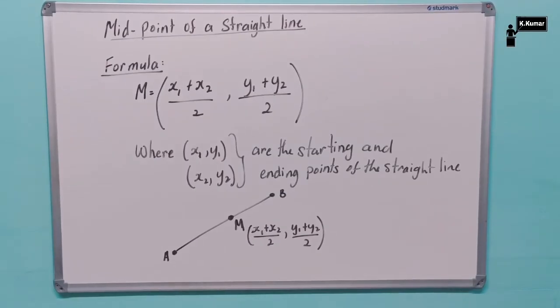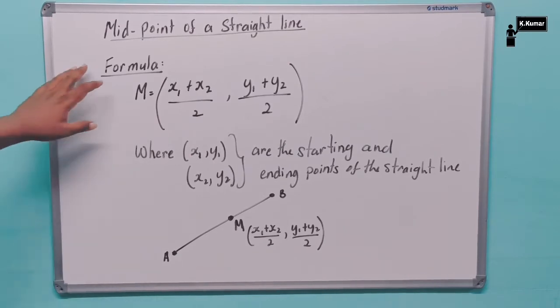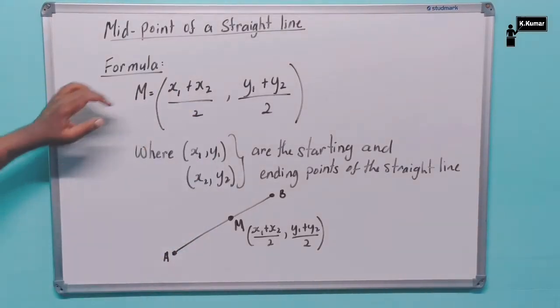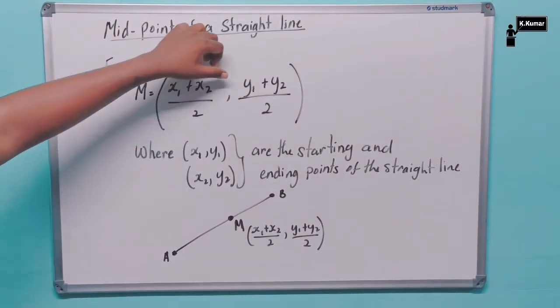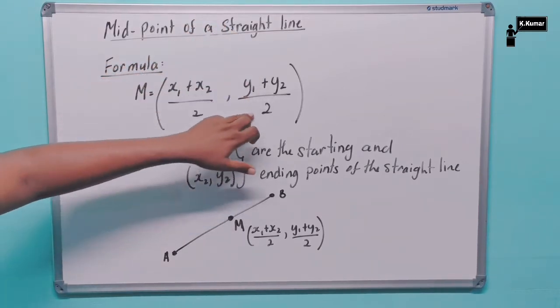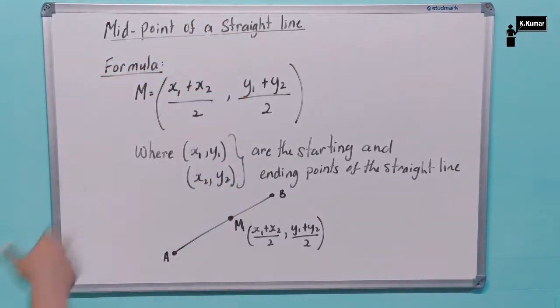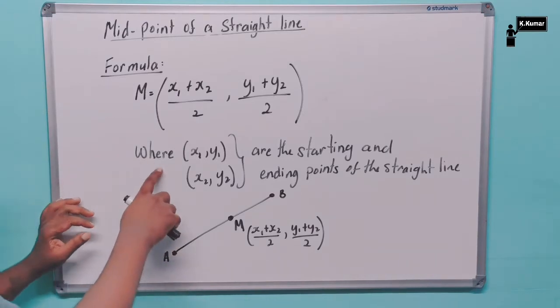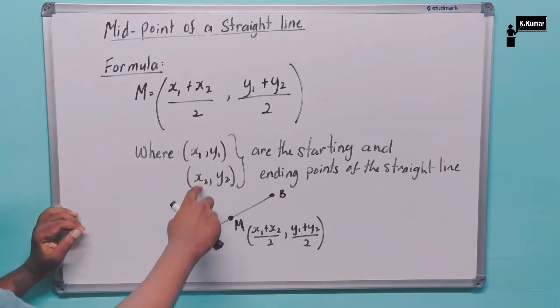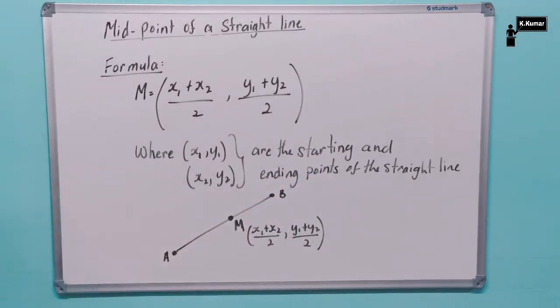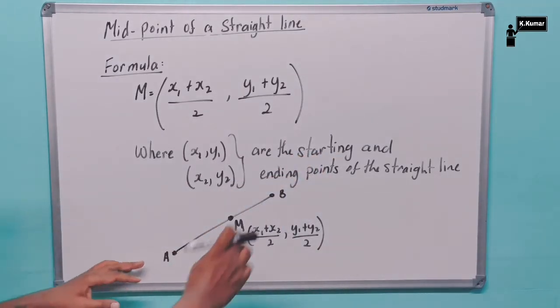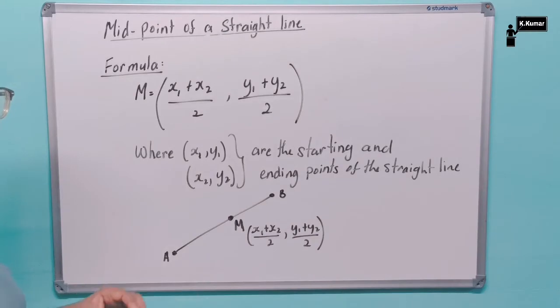Next we have the midpoint of a straight line, and the formula is M is equal to ((x1 plus x2) divided by 2, (y1 plus y2) divided by 2). Now when we're finding the midpoint, we're actually finding a point on the line. So x1, y1 and x2, y2 are the starting and ending points of the straight line. So let's say you have a line and you want to find the middle.